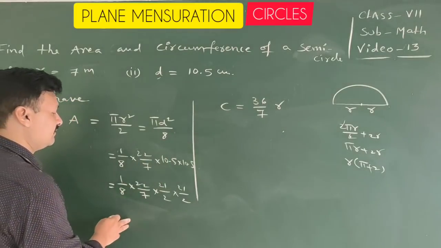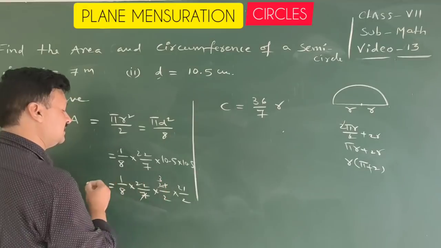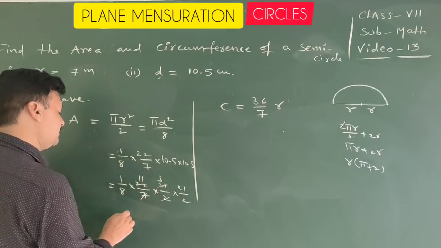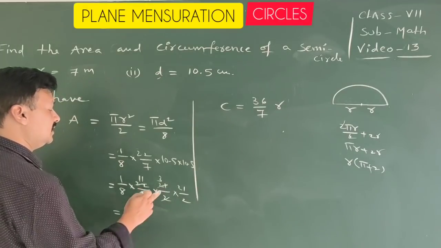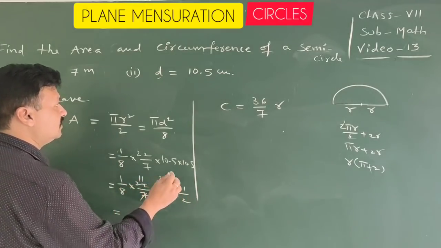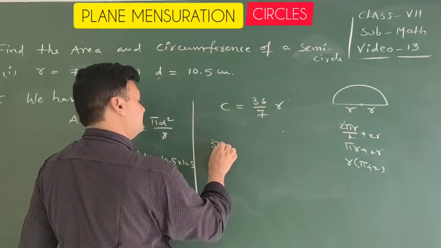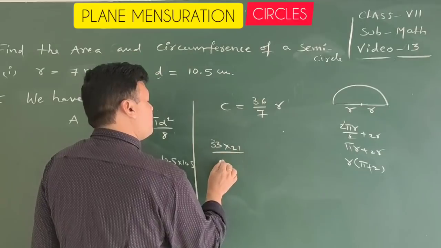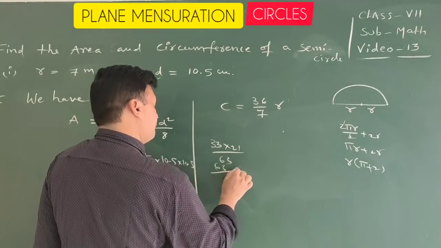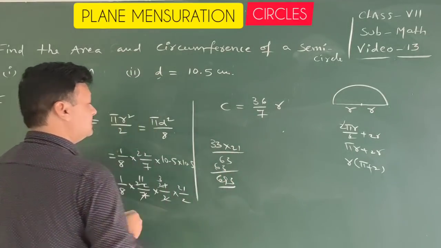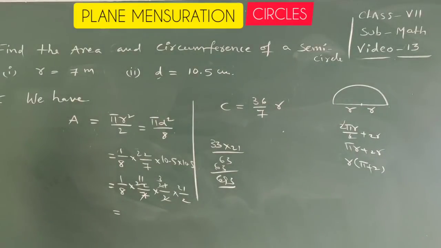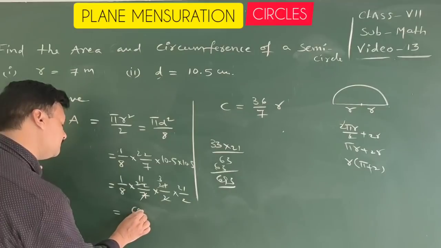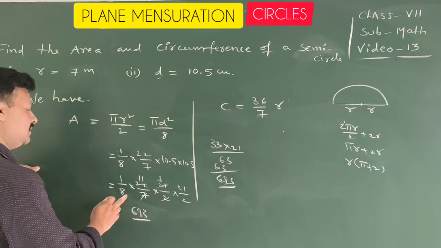I will directly take 10.5 also. Here 3 times gets cancelled. Here 11 times. So here 11 is 33 into 21. 693 by 8 into 2.